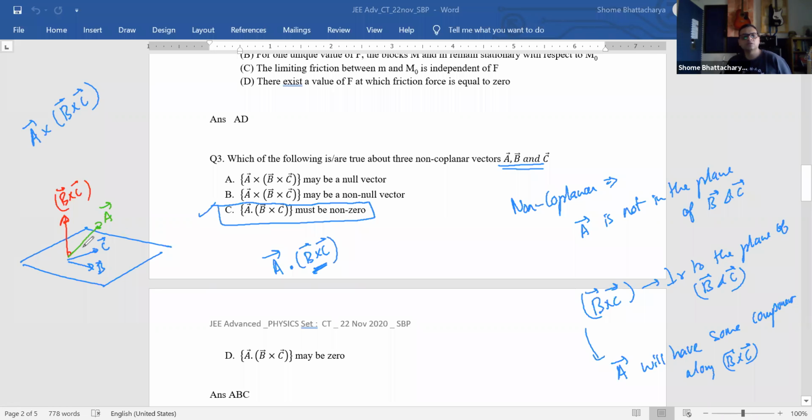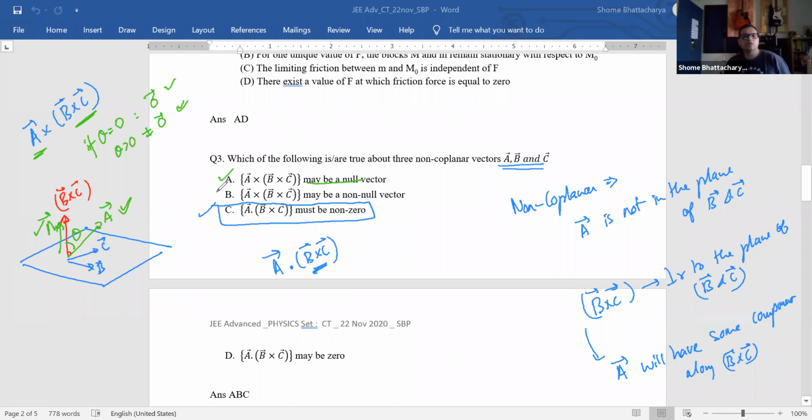Though it might be perpendicular also, but you can see. So A has some acute angle with B cross C also, and it has some angle with B and C also. Okay. So what is the relationship of A with B cross C? Now if theta is 0, A can also be in this direction. Then this is 0. And if theta is greater than 0, then it is not 0, like the second case. So it may be a null vector.